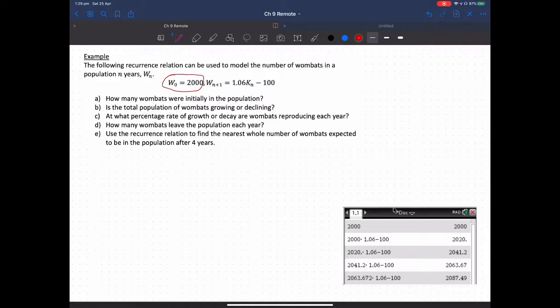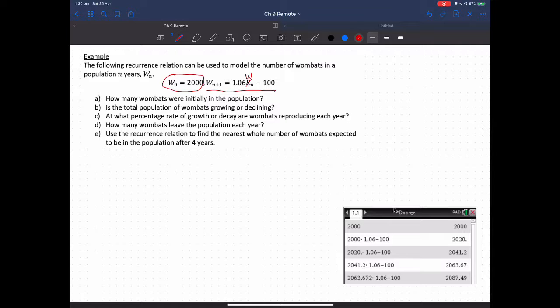We are told the way in which the population of wombats changes is W n plus 1 equals 1.06 times Wn, it says Kn, that should read Wn, minus 100. So we're multiplying by a number bigger than 1, 1.06, and then we are subtracting 100.